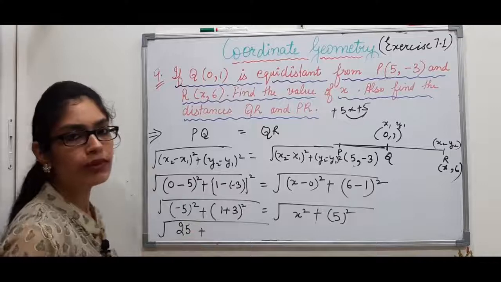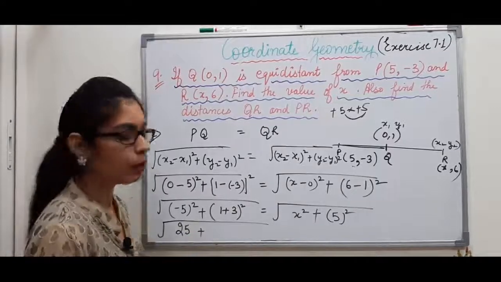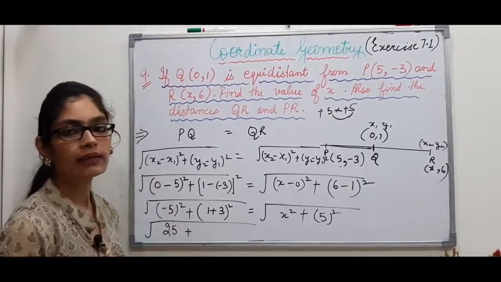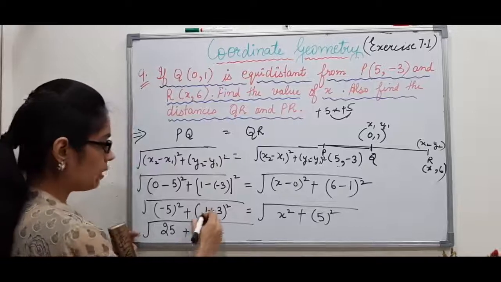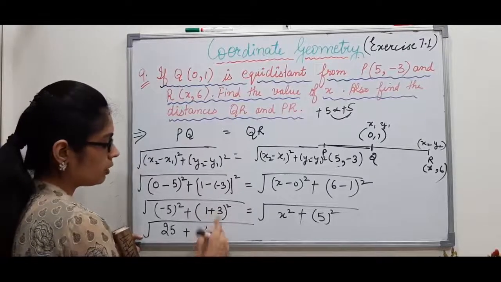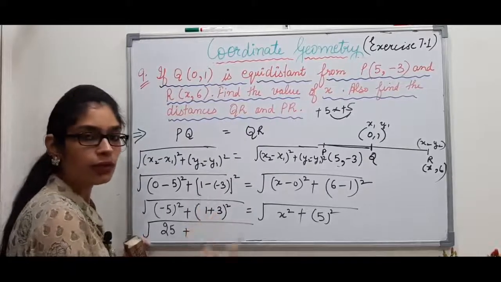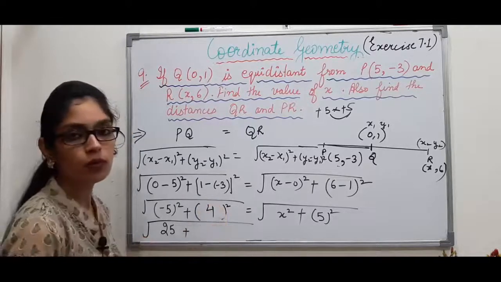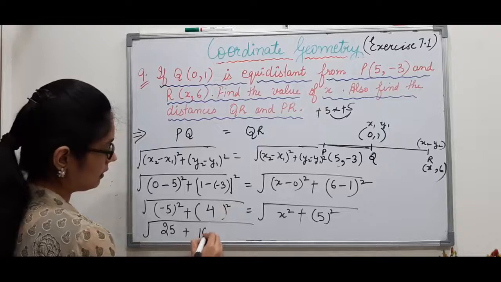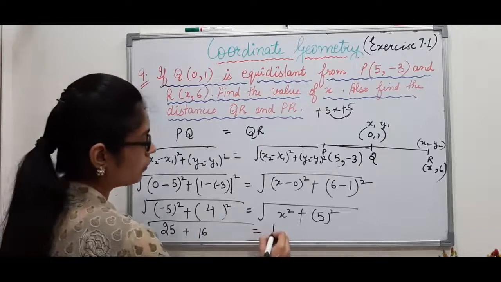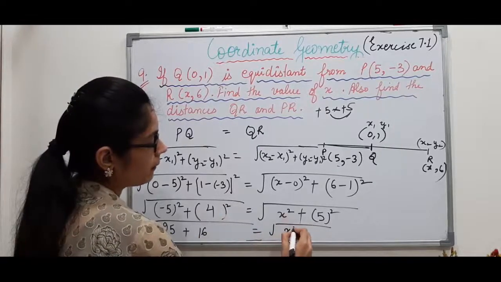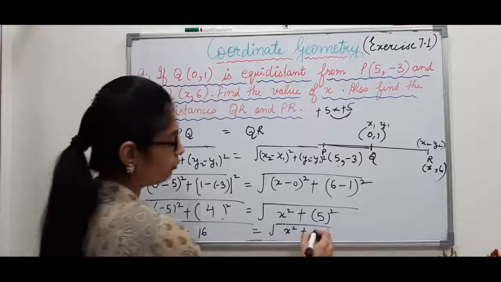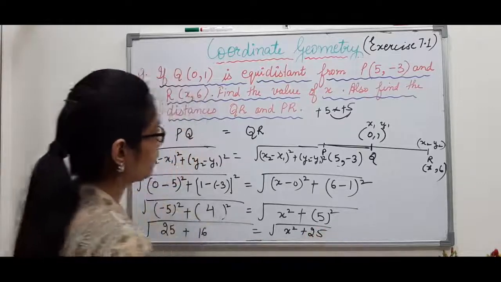So the square of any negative number will also be a positive number, because two minus signs will always get cancelled. 1 plus 3, it is 4, and here I will write directly. So square of 4, 4 into 4, it is 16, equals to x square plus square of 5, 5 into 5, it is 25.